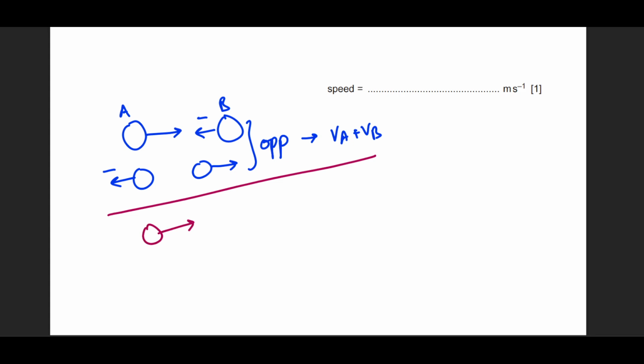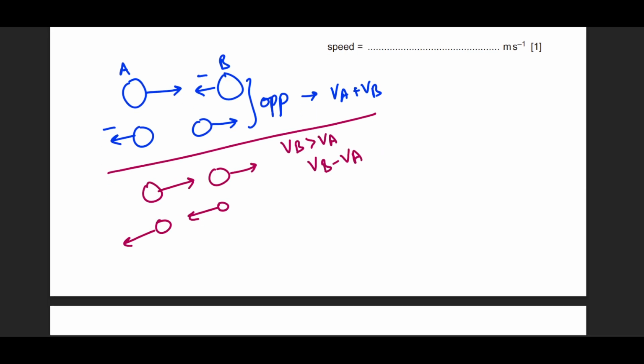Similarly, if they were moving in the same direction, like this or like this, if the velocity of B is greater than the velocity of A, or you can say B is leading, then that would be VB minus VA. They will be subtracted if they're moving in the same direction. And in this case, VA should be greater than VB because VA is leading.